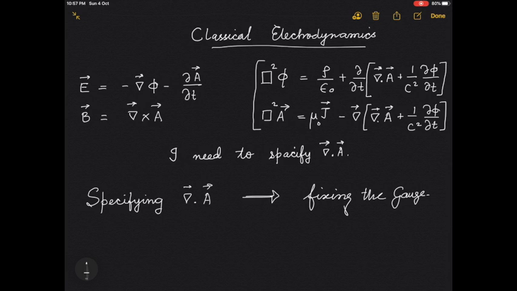See, what's happening here is that when the classical electrodynamics is written in terms of the scalar and the vector potentials, then there is a choice in this scalar and vector potential, which is what you choose for divergence of A. What scalar function divergence of A is.